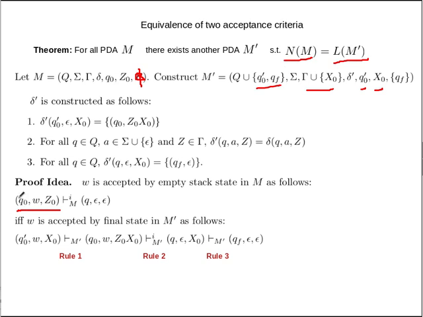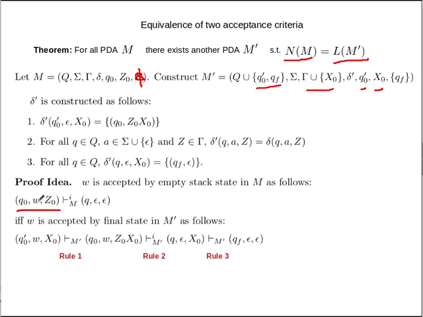So here it will be Q0 prime and X0, and as before the first step will be this epsilon transition, the only thing that we have here. It will change the state to Q0. It will do nothing to the input, the remaining input is still there, but it will just push this Z0 on top of X0, like before.